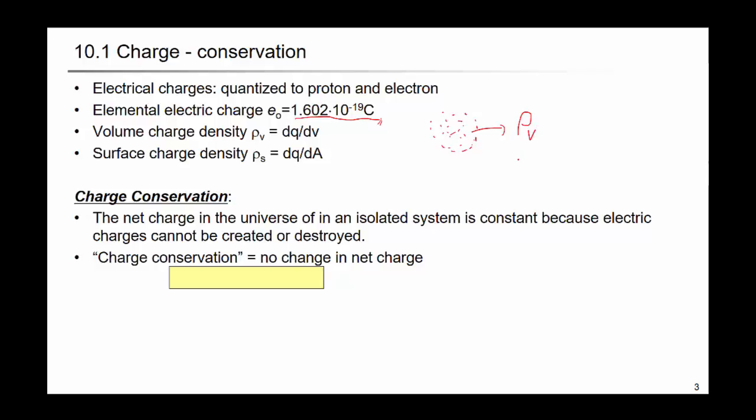It could be volumetric density, or if there's an area, for example, like a clay particle, and there's a negative charge, we always have negative charge in the clay particle, and then this charge density can also be defined as total Q over A, or here the total Q over volume, right? So rho V and rho S are the volumetric charge density and the surface charge density.